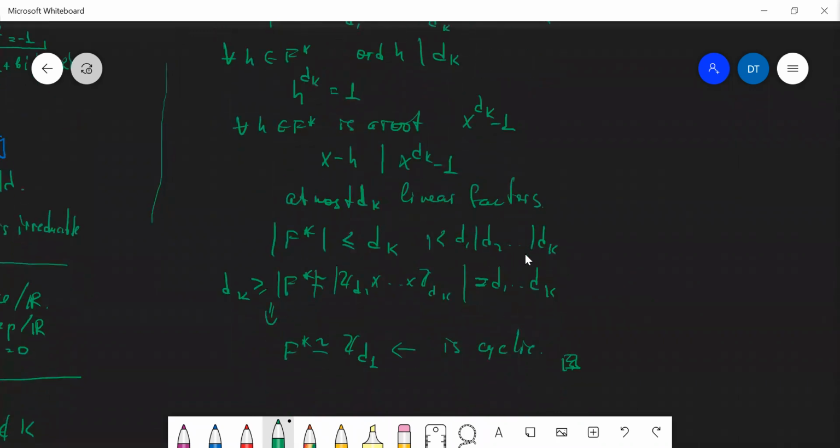So if k is greater than 1, so if we have at least two numbers, so we have dk and something else, then this product must be larger than dk. So this equality cannot happen if k is more than 1. So from this inequality, it follows that k must be 1. So we have only one factor here. So F* is isomorphic to Zd1, and that's it.